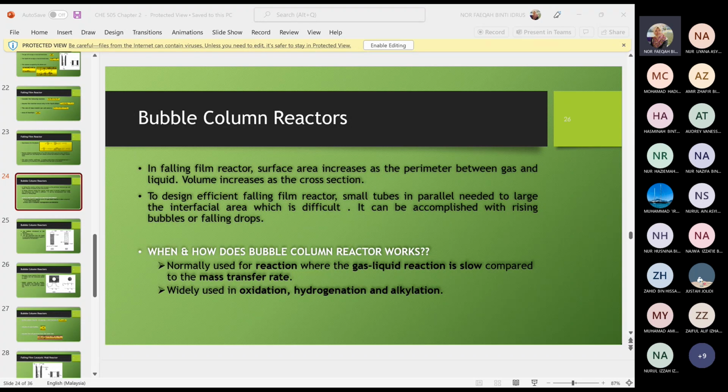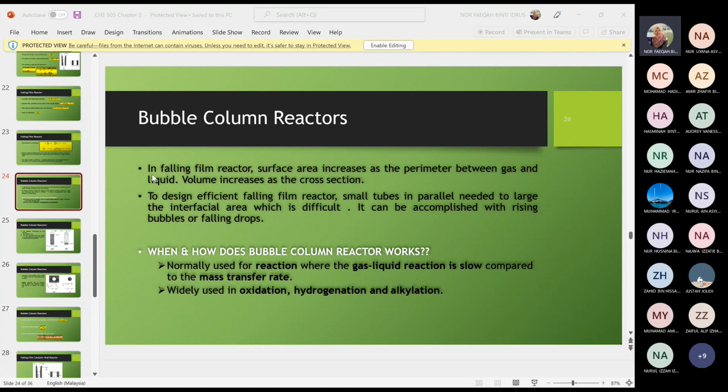If we consider that the reaction only occurs in the liquid phase, we need to increase the mass transfer of gas to the liquid phase. It is widely used in oxidation, hydrogenation, and alkylation processes. Oxidation, hydrogenation, and alkylation are examples of multi-phase reactions.